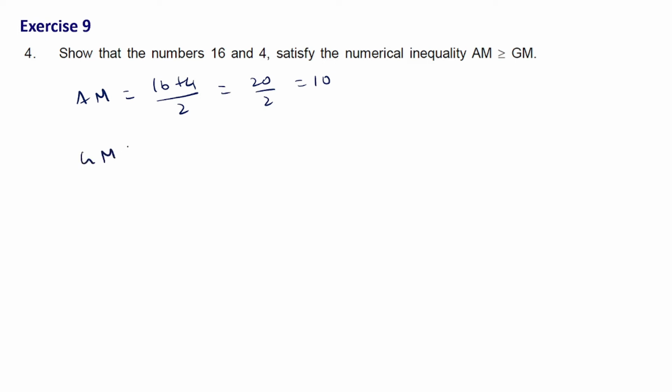And then the geometric mean is root of 16 into 4, so it is root 64, which is 8. So we can see that 10 is greater than 8. Therefore, it satisfies the numerical inequality arithmetic mean greater than or equal to geometric mean.